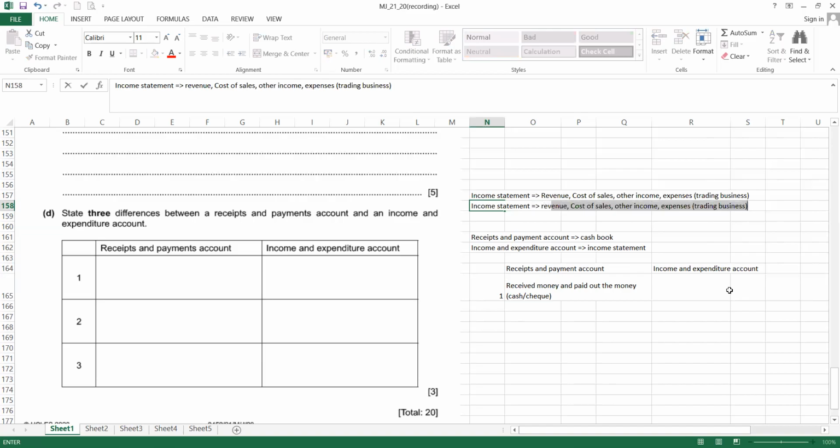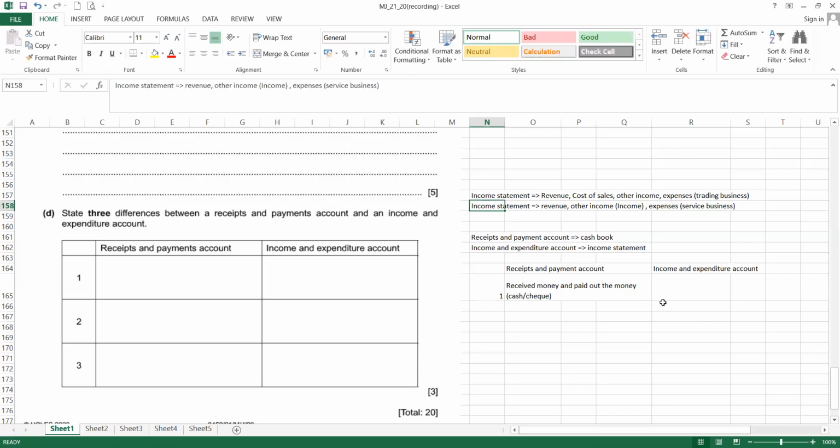We only have revenue, which is the main source of income, and then other income, or sometimes we group them into 2, which is we just put an income section, and then expenses. So this is a service business. The club actually is providing the service.